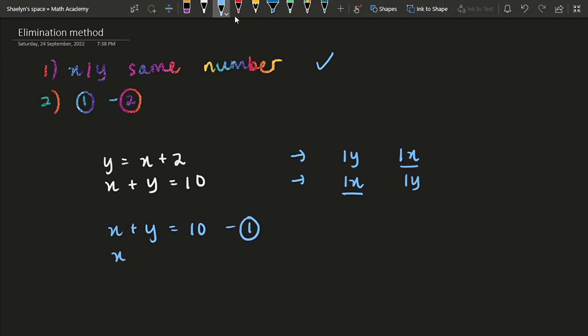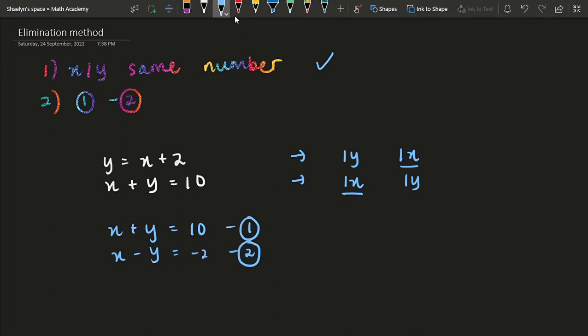So x is still x, and if I want to put y beside x, I'm gonna do minus y, because plus y moving to the right, you get minus y, right? And if I want to move the 2 away from x, it's gonna be negative 2. So here we got the second equation.